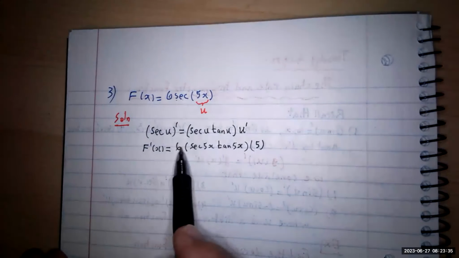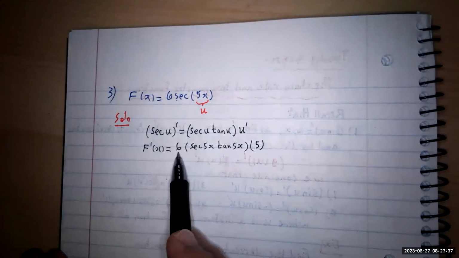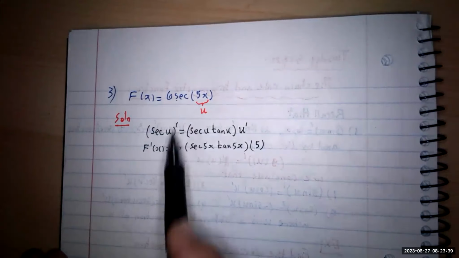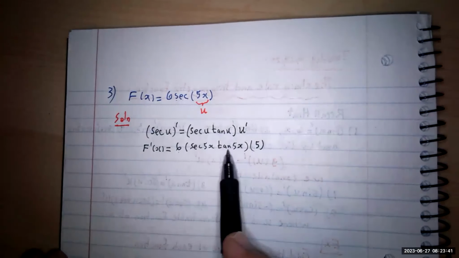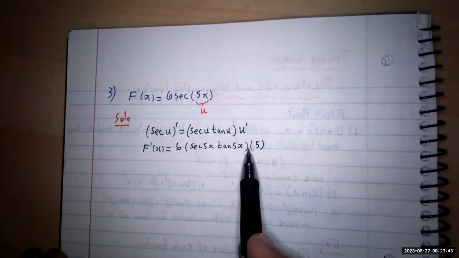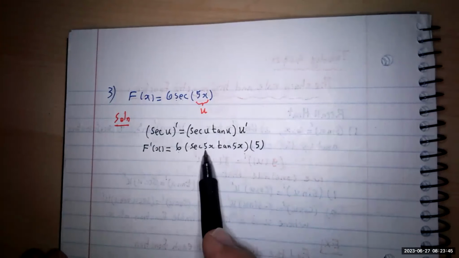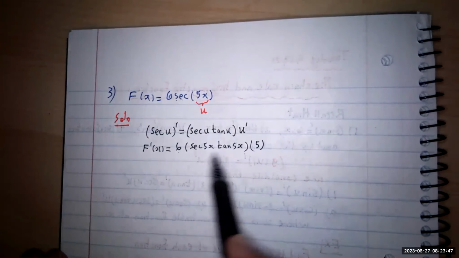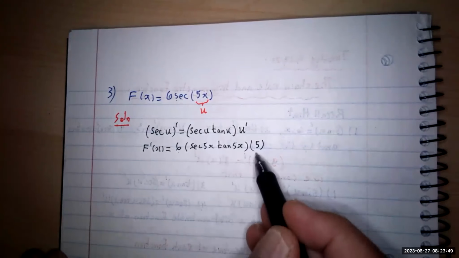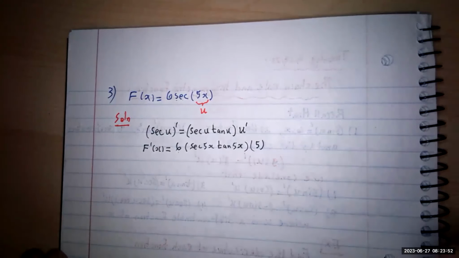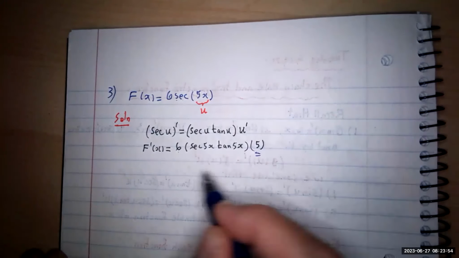This 6 is a coefficient. You just carry the coefficient. If you have a secant tangent, you have to multiply by u prime. U is 5x, so u prime would be 5, but you have monomials here, the 5 and the 6.